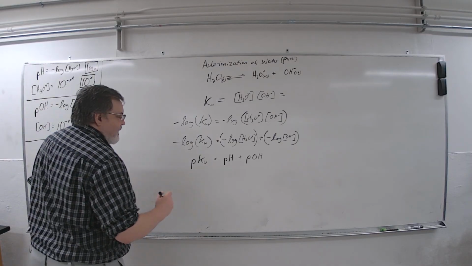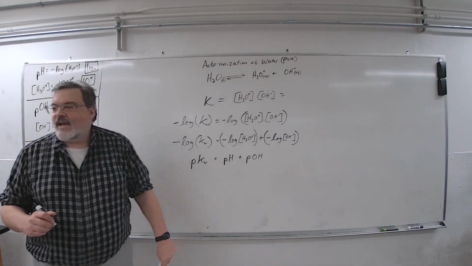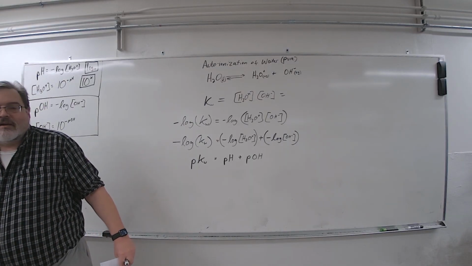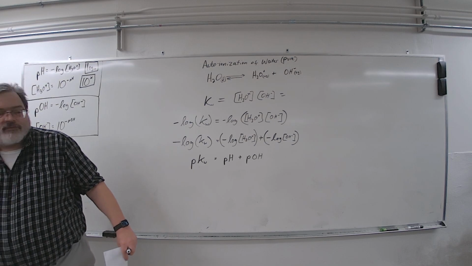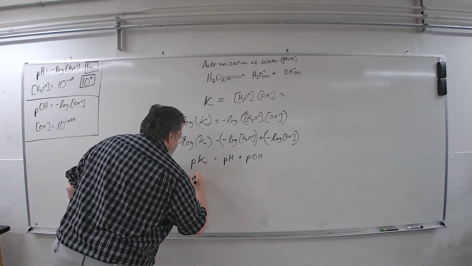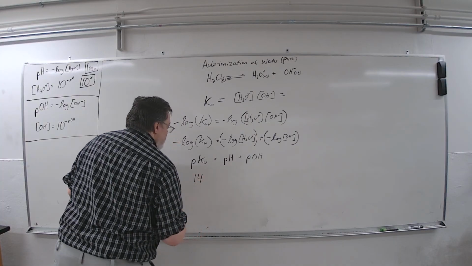And this is where we get, when you learned about pH, do you remember what the minimum and the maximum on the pH scale is? 0 to 14. And this is where it comes from. pKW is 14.